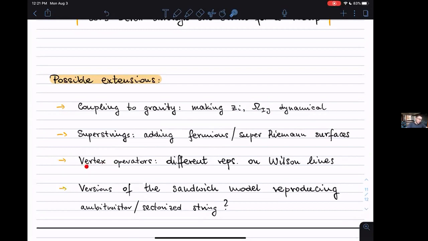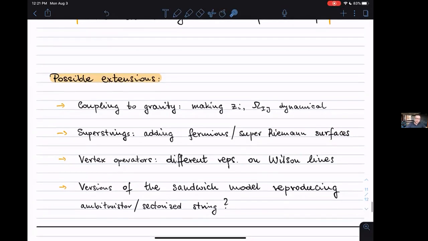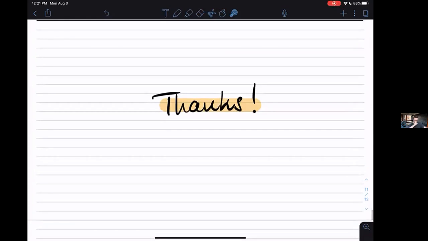Another thing you can think about is studying different types of vertex operators, which would correspond to inserting various different representations on the endpoints of the Wilson lines. And finally, perhaps more ambitiously, you can think about a generalization of the sandwich model, which would reproduce something like an ambitwistor or sectorized string. So with that, let me thank you.